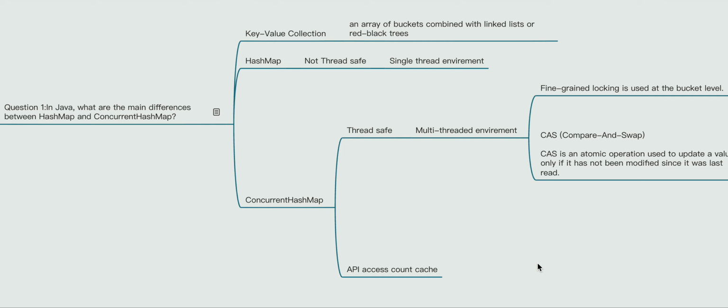Today we are talking about the question: in Java, what are the main differences between HashMap and ConcurrentHashMap? They are both key-value collections and have a similar internal structure: an array of buckets combined with linked lists or red-black trees.